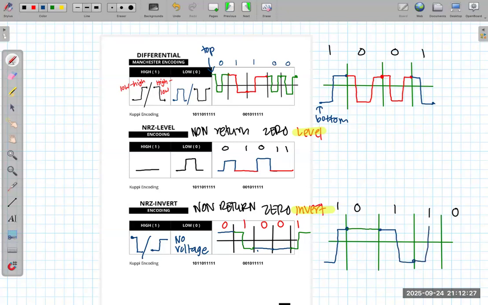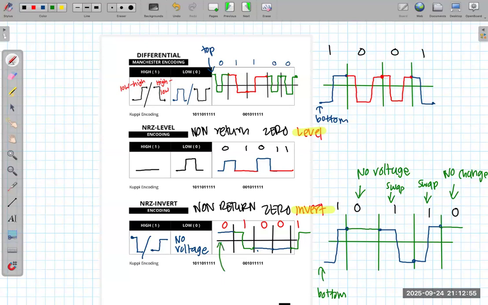If it's another 1, low to high. And if it's a 0, no voltage. No changes. But if it's a 1, you swap. If it's 1, you start from bottom. If it's a 0, you start from top.